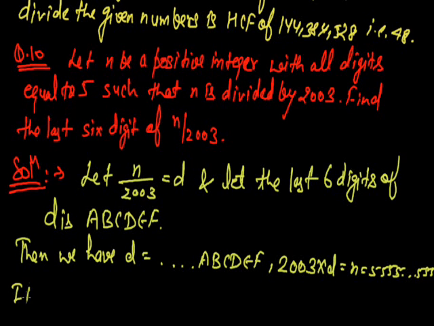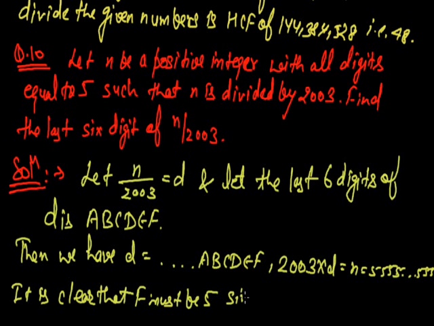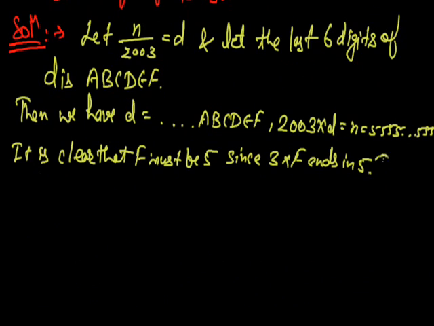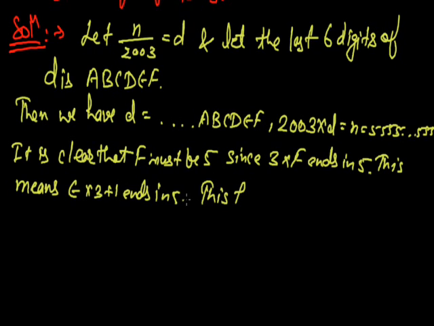Now it is clear that f must be 5, since we know that 3 into f ends in 5, so it is possible only when f is equal to 5. This means e into 3 plus 1 ends in 5. Now this statement forces e to be 8.